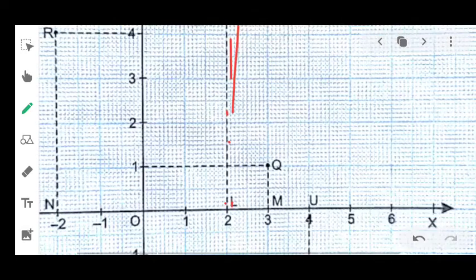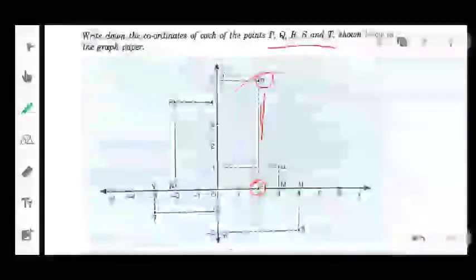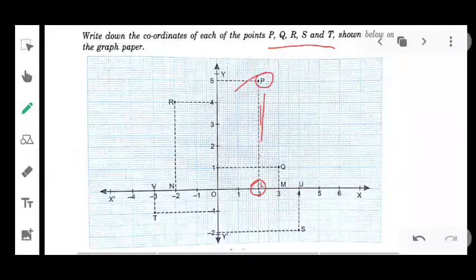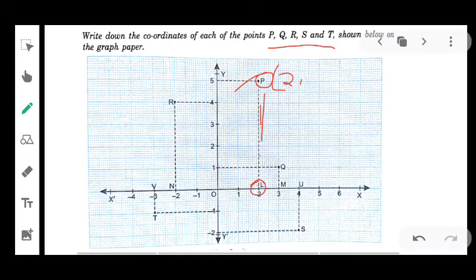Now this line intersects the x-axis at 2. So the x coordinate of this point is 2, then the y coordinate of this point, as you can see, is 5. So the coordinate of the point P is 2 comma 5.